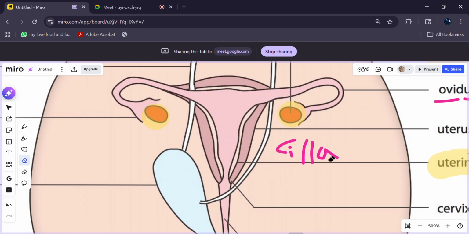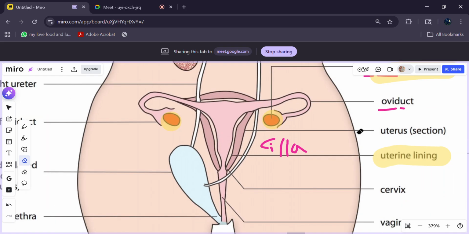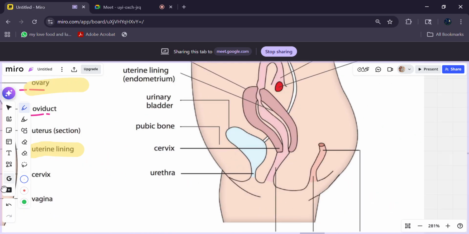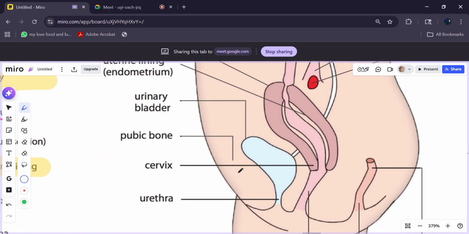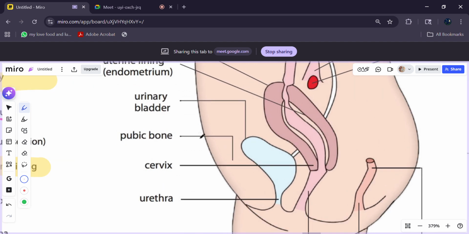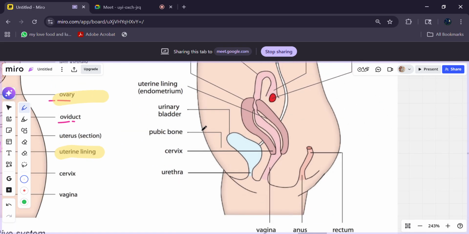Now that we've learned from here, let's move to the side profile. Here's the side profile. You notice how the female reproductive system also has a pubic bone, just like the male reproductive system. Now, continuing on, let's talk about the cervix.